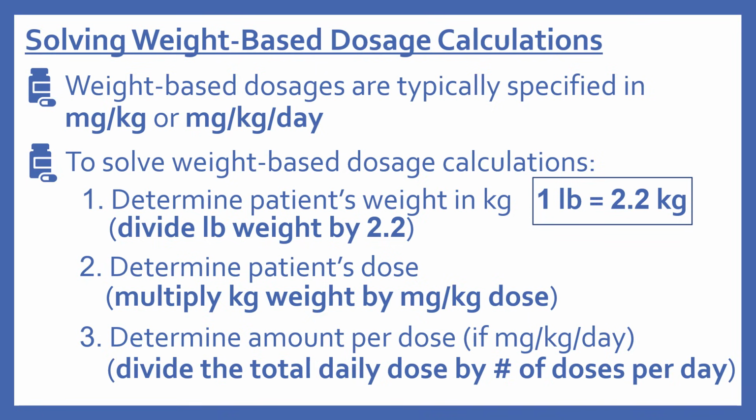That will give us the weight in kilograms. Next, we'll determine the patient's dose. This is done by multiplying their kilogram weight by the milligram per kilogram dose. And then we'll determine the amount per dose, if it's in milligrams per kilogram per day. To do this, we'll divide the total daily dose by the number of doses per day. And now we'll look at each of these steps in more detail.